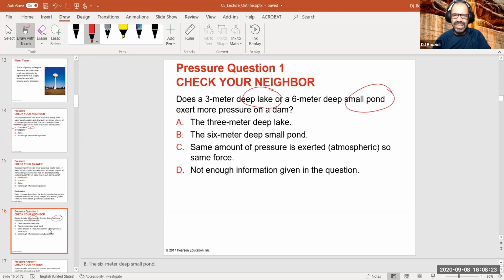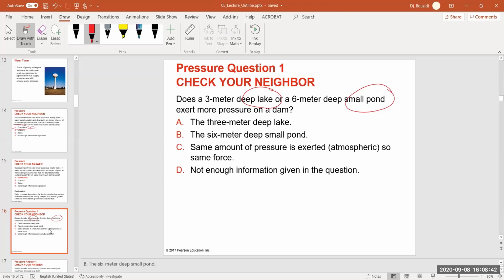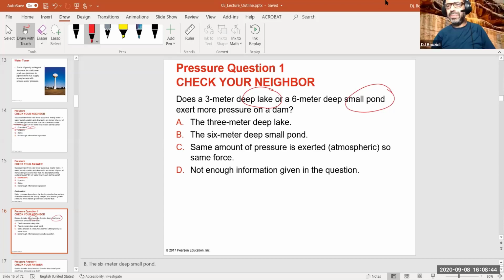Does a 3-meter deep lake, this is a lake, okay? I don't know what's the biggest lake near Norco? Any idea? The Salton Lake is very far. Natural or man-made, it doesn't matter, any big lake.